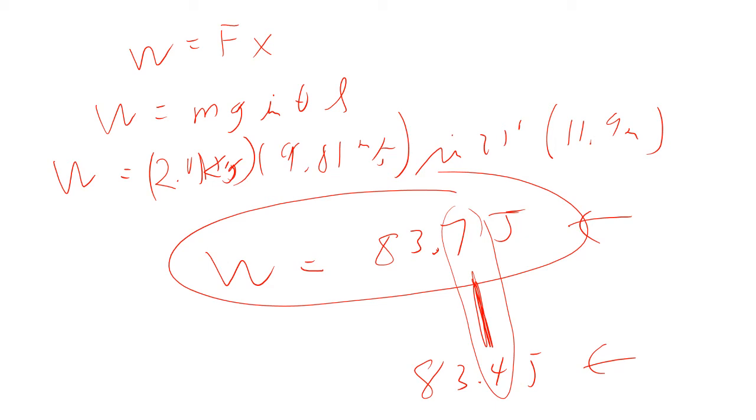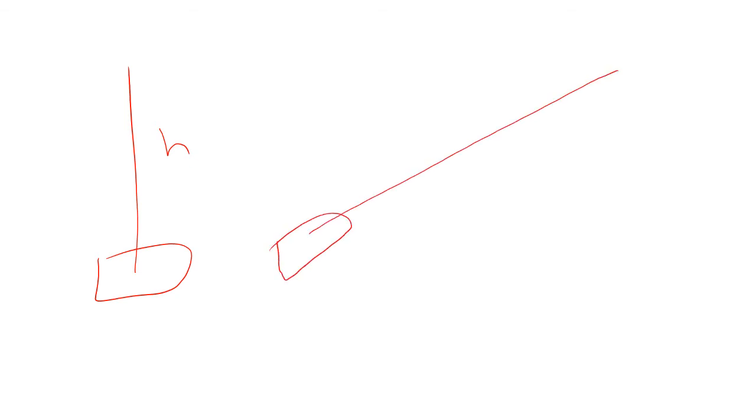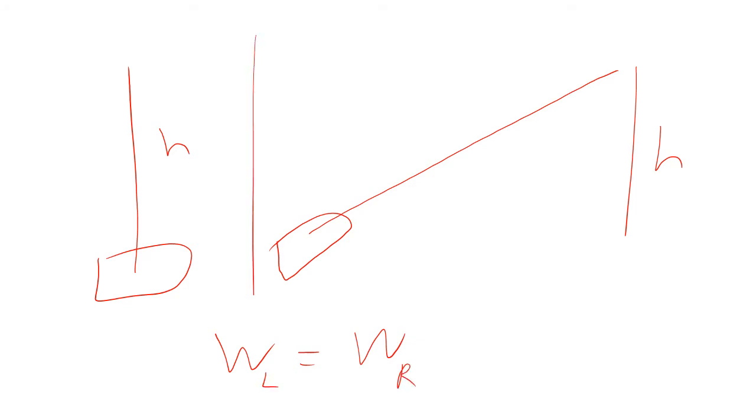And so that means that if we have an object and we lift it some height h, or if we have the object and we go up an inclined plane and it's still the height h, then the work on the left is equal to the work on the right. The work is the same.